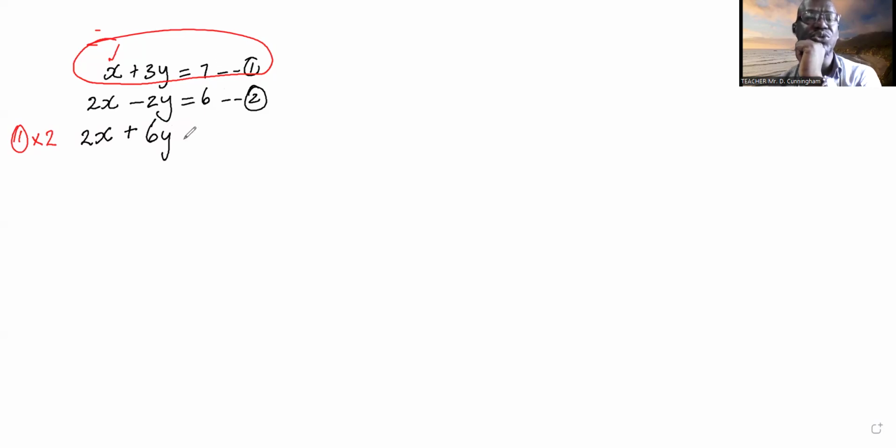And 7 by 2. 14. So this becomes equation what, Deshaun? Equation 3. So we are looking at equation 2 and equation 3.